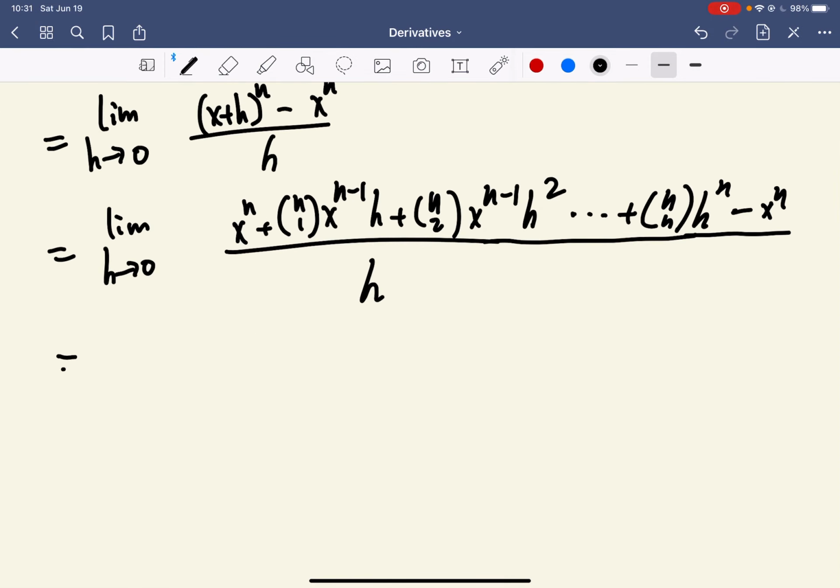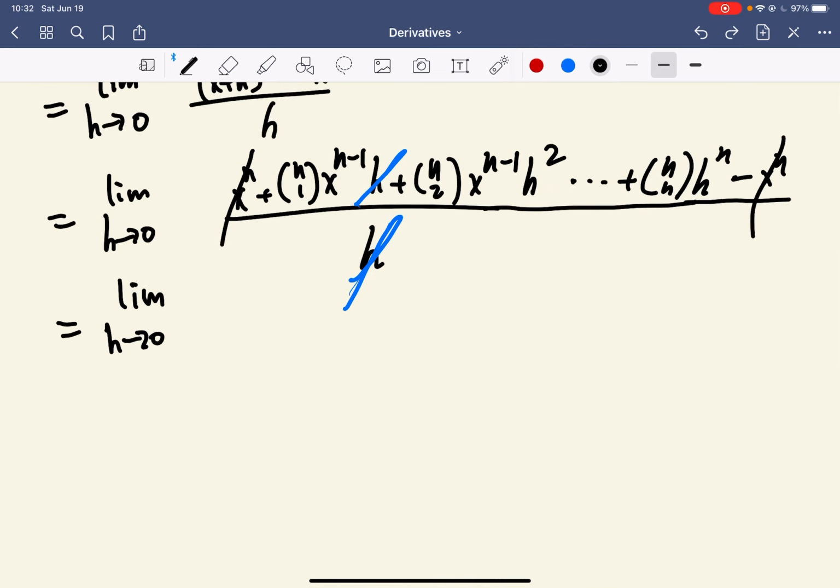So this x^n term and the minus x^n term just cancel out, and the denominator h would cancel out with each of these terms. So now we have, well, actually, this only cancels out this portion.